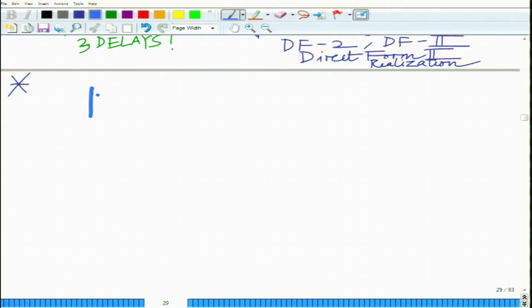Alright, so we are looking at IIR filter structures, and in this one we will start looking at another filter structure, that is the transpose form.